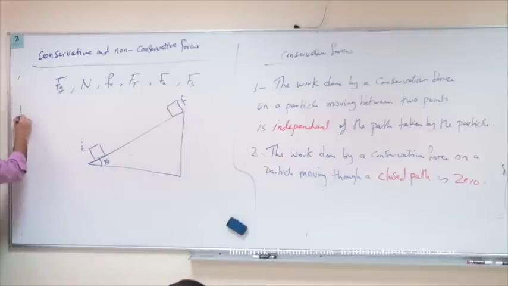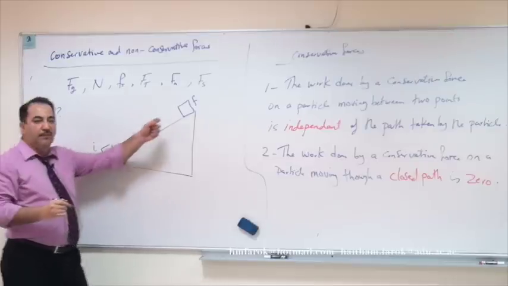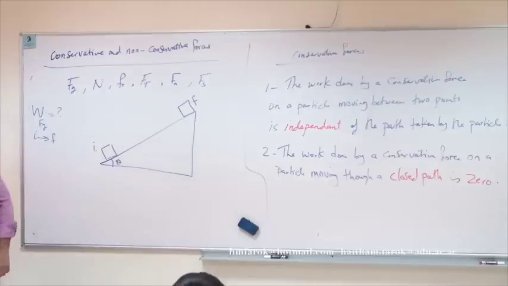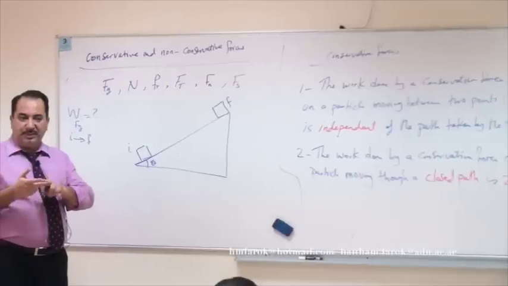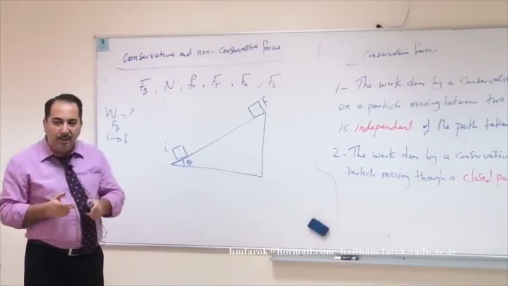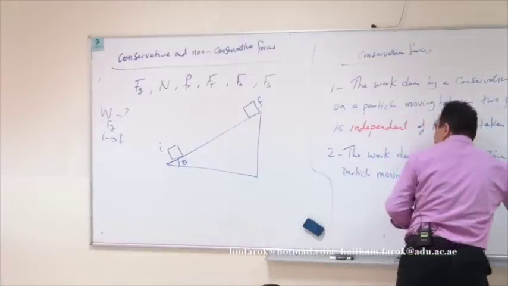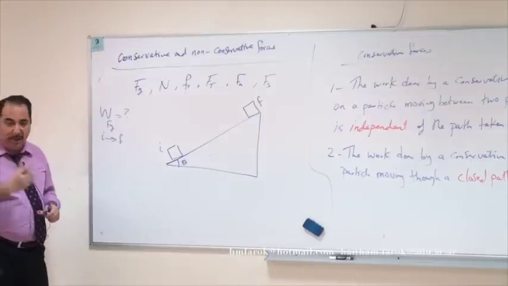What is the work of Fg from initial to final position? Okay? Now, to calculate work, what do you need? Force, displacement, and the angle between them. Right. Let me give you numbers here. So, calculation.